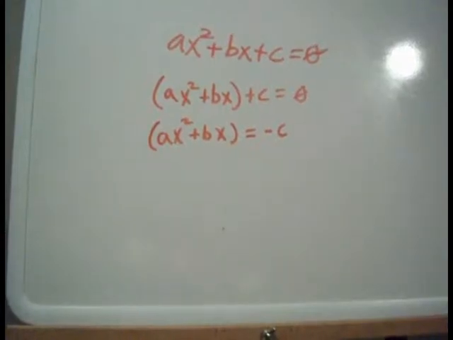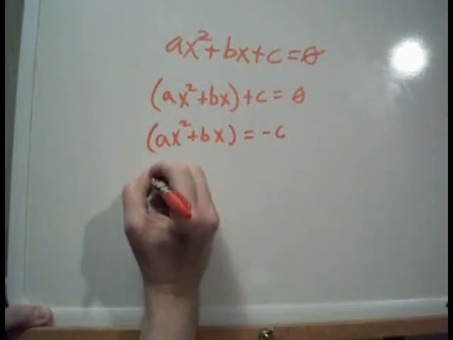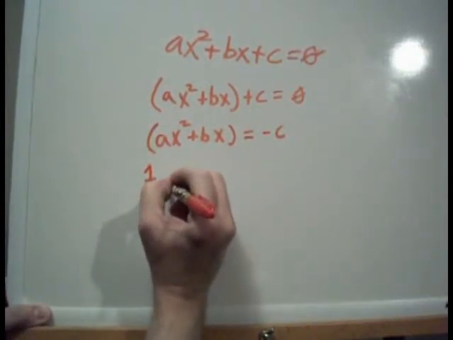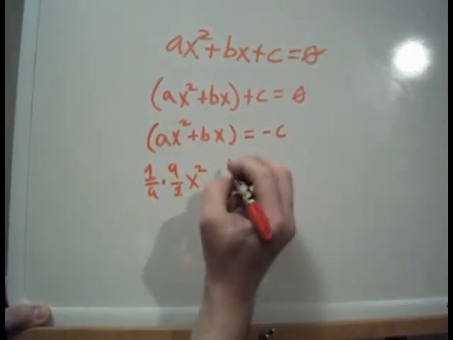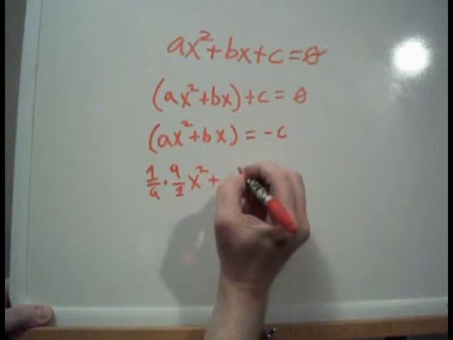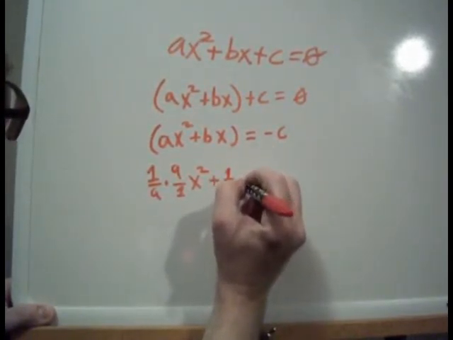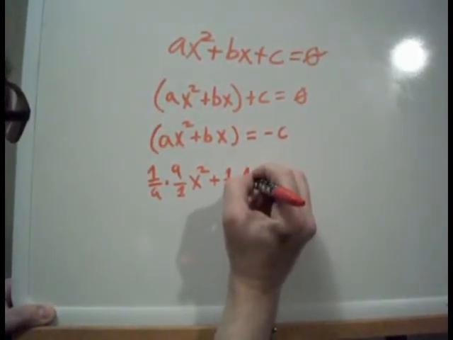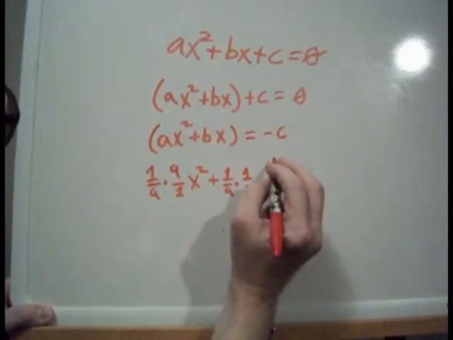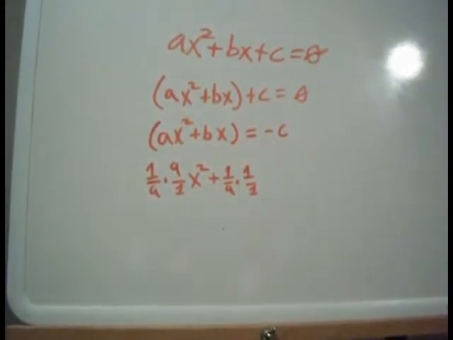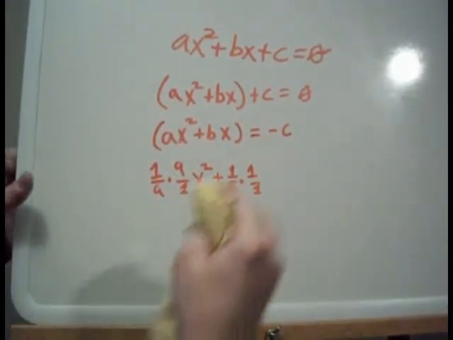Well, what we're going to do is we're going to do 1 over a times a over 1 x squared plus 1 over a times 1 over 1. No, hold it. My mistake.